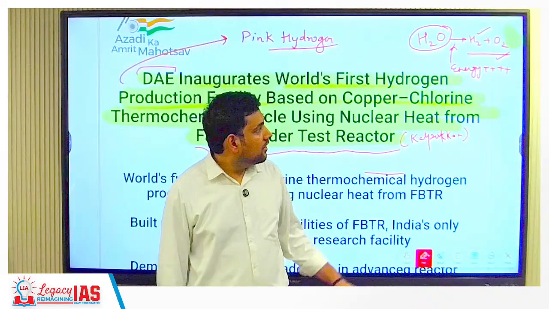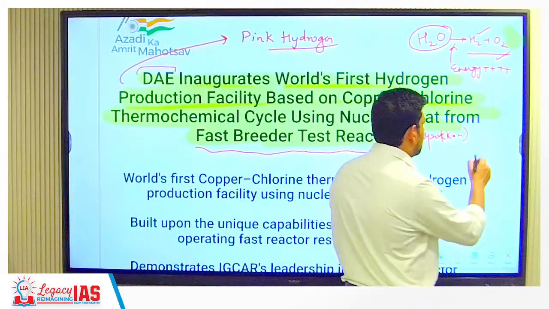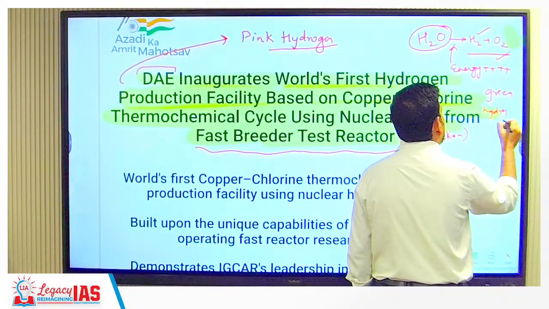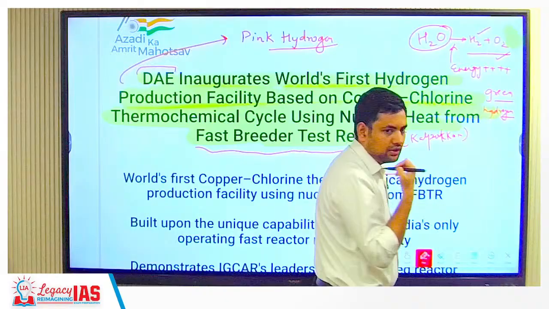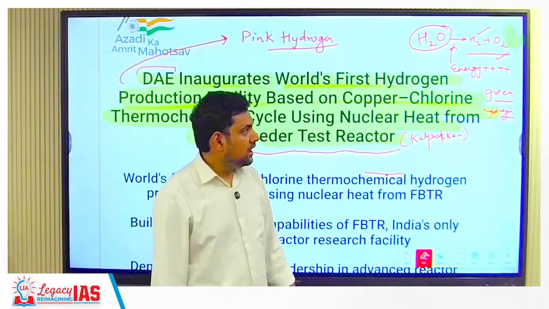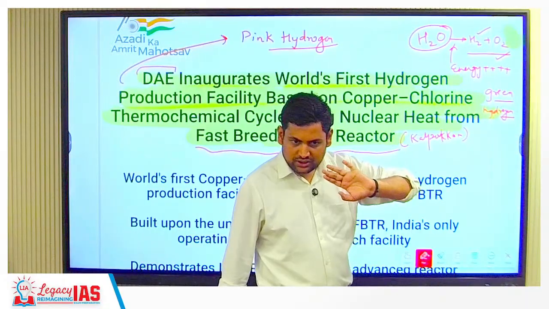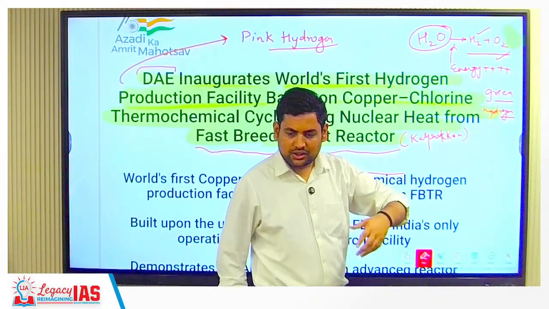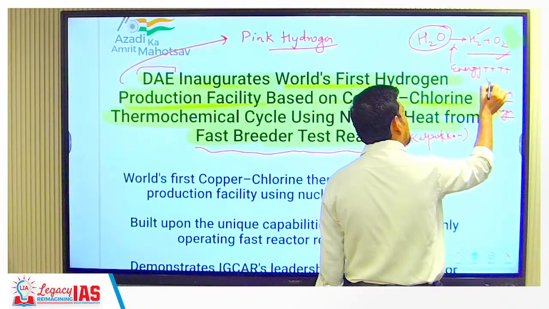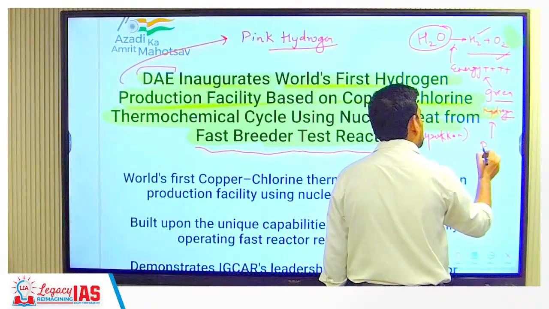Okay. Now, for example, you might have heard of, this year there was also a question on this. What is green hydrogen? So green hydrogen is when water is broken down like this to release hydrogen and oxygen, that is hydrogen is produced, but the energy that you are getting here is coming from renewable energy.